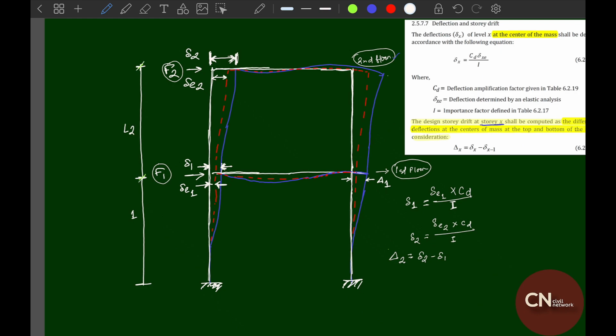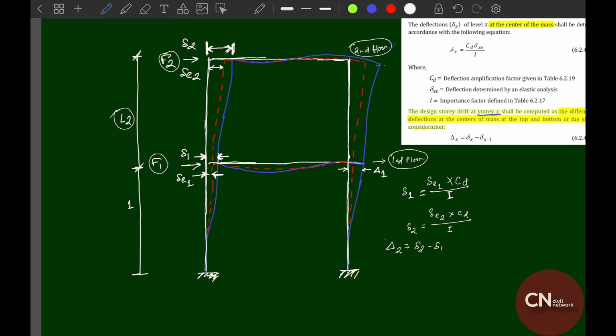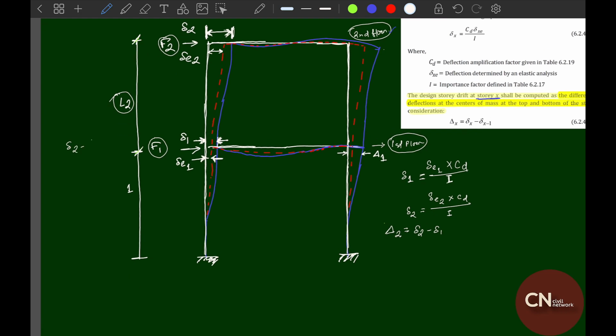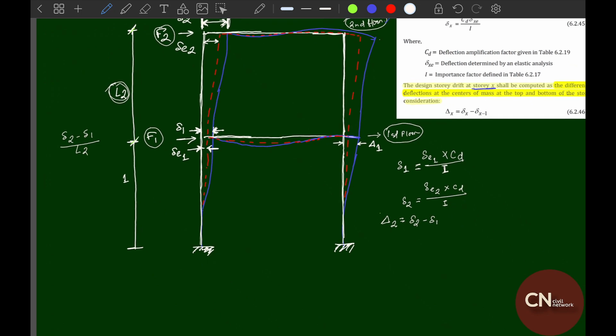Now you will see that the story height between these 2 stories is L2. If we divide our story drift, which is delta 2 minus delta 1, by the story height L2, we will get a value which will be called the story drift ratio.